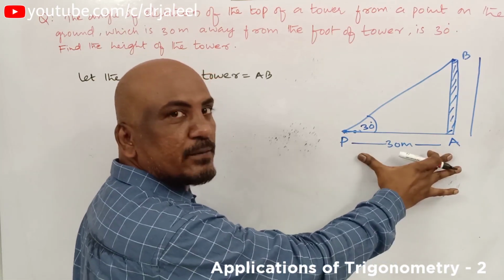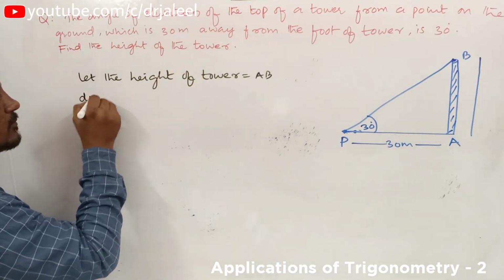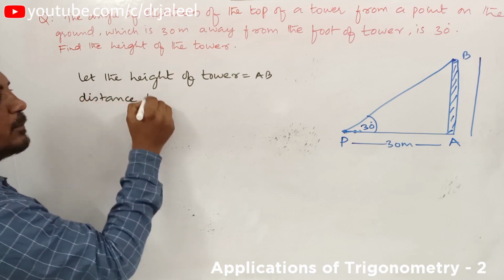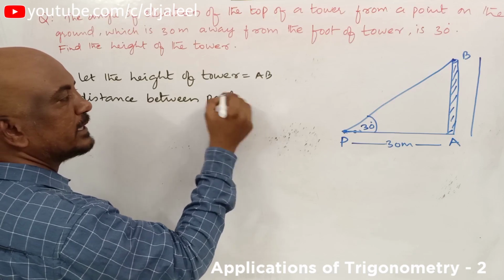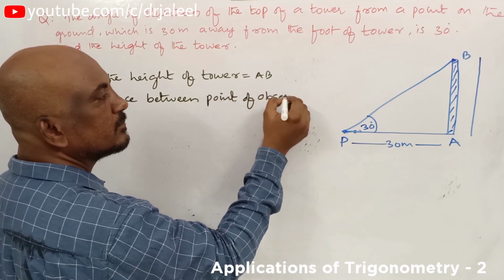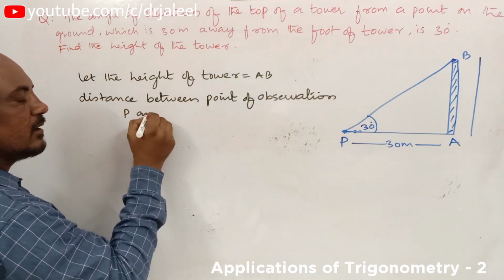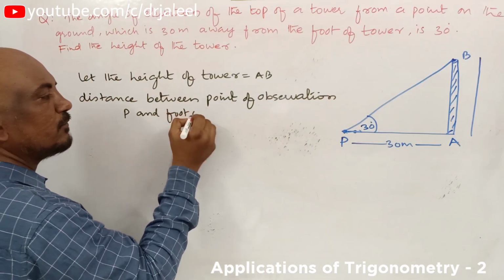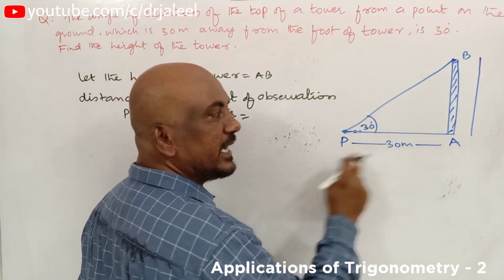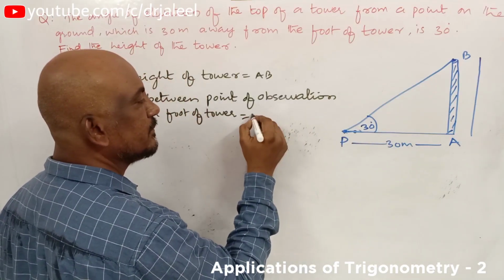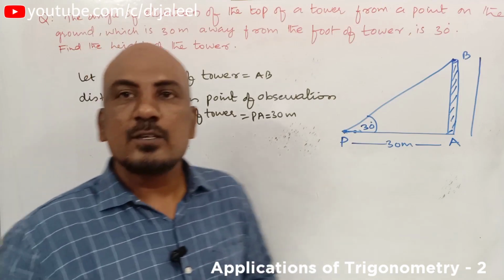This is nothing but the distance between the point of observation P and foot of the tower. So tell me, what is the distance? PA is equal to 30 meters. PA is equal to how much? 30 meters.